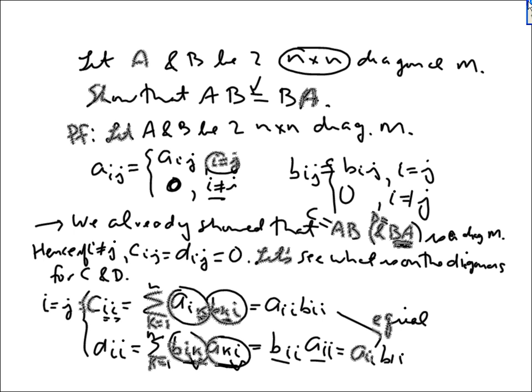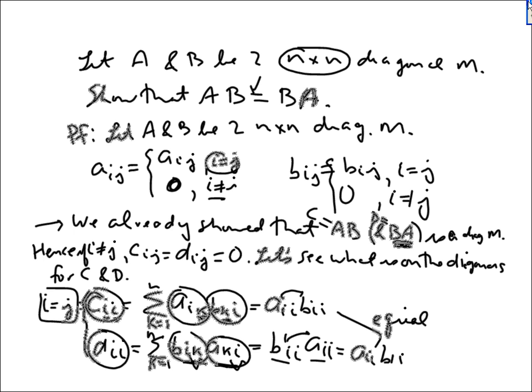That is, when i and j are the same, Cij, or if you prefer Cii, and Dij or Dii are equal. What's on the diagonal is equal. We just get them by commuting the numbers we multiply. When you do A times B, you might be multiplying 2 times 3 to get the 3,3 position, but B times A, you'll be multiplying 3 times 2. The numbers just switch order.